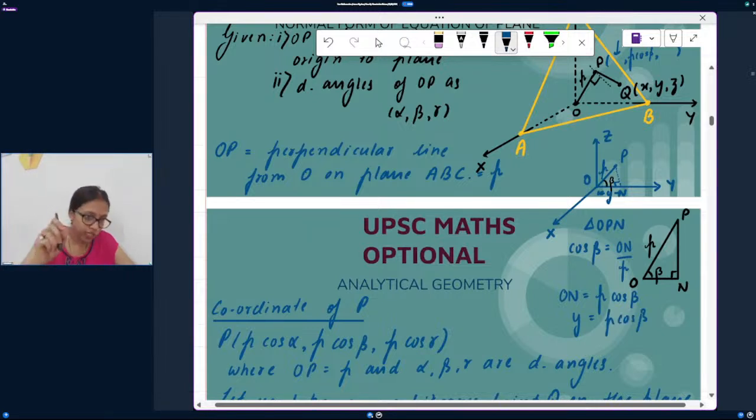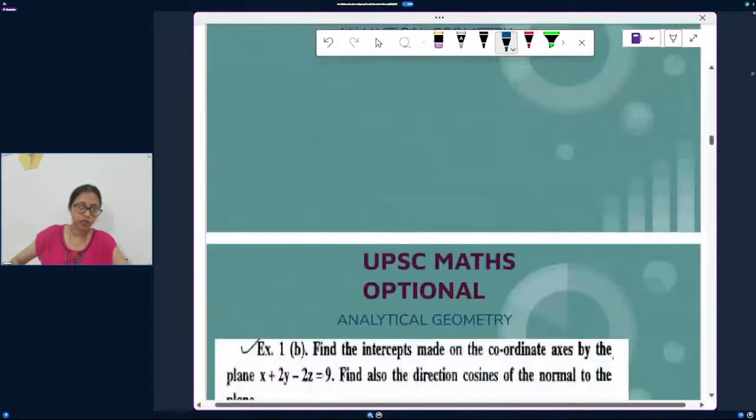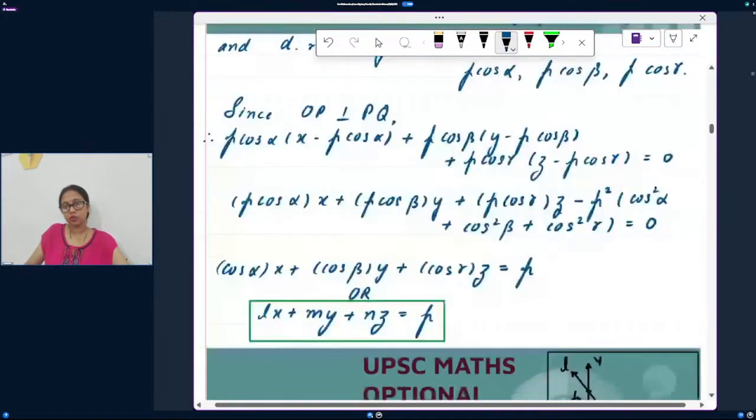And what was that xyz? That was a general point. And any equation involving that xyz is an equation of plane because that point is only revolving on the plane, right? So what is the value of y here? Y is p cos beta. So what is the value of cos beta here? Y by p. Similarly, this is x by p. Just a second.